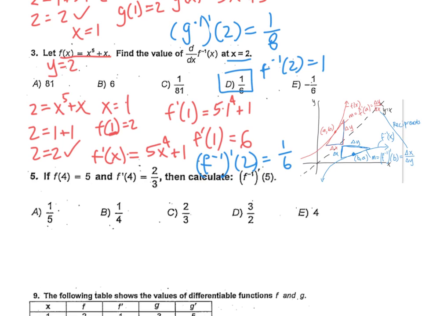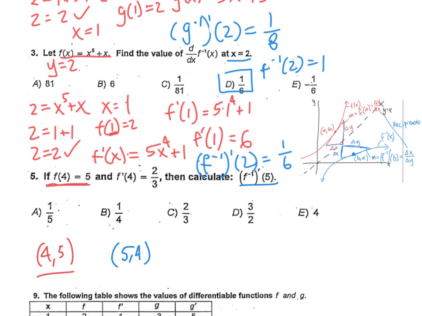Okay, so what I'm going to do is use the same picture here that I've been using, and I'm going to write that this is the point f of 4 equals 5. I have the point on my function is (4, 5). Okay, the point on my inverse is the point (5, 4).